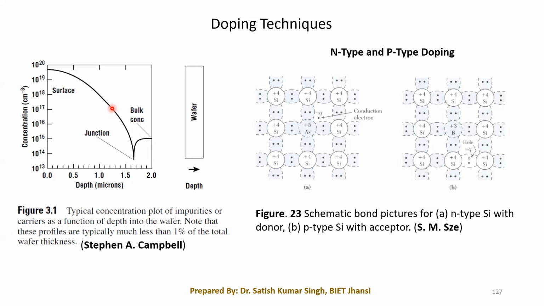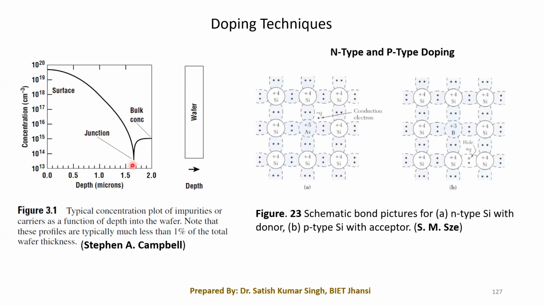At a particular distance from the top, the impurity atoms will keep on diffusing, and there will be a certain point at which the impurity concentration of the bulk substrate becomes equal to the doping concentration of the impurity.